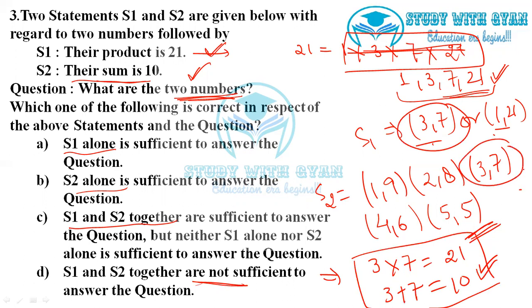That will be your answer. So S1 and S2 together are able to answer this question. So C will be the right answer. Basically for the product, 3 cross 7, and for the sum, 3 plus 7, you get 10. So this is a unique value for question number 3.